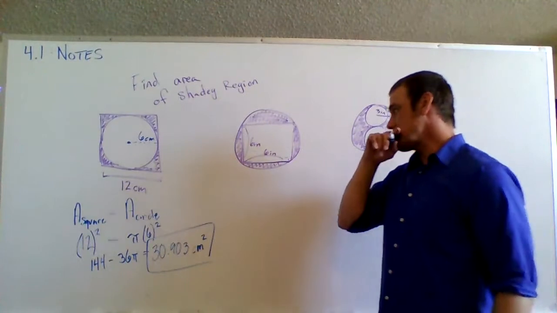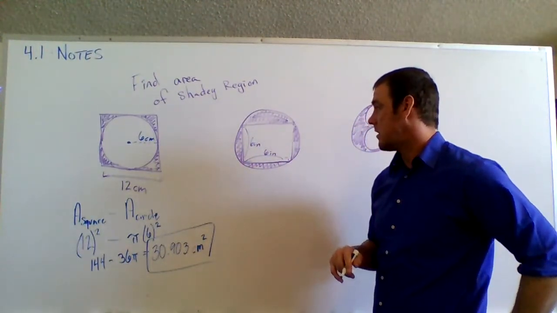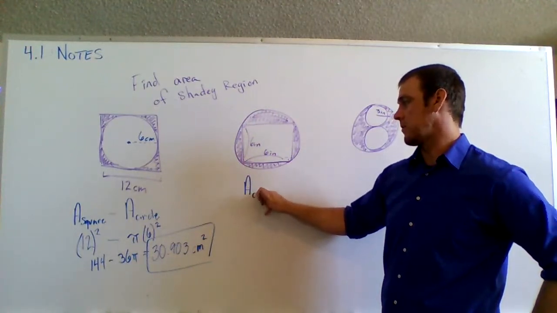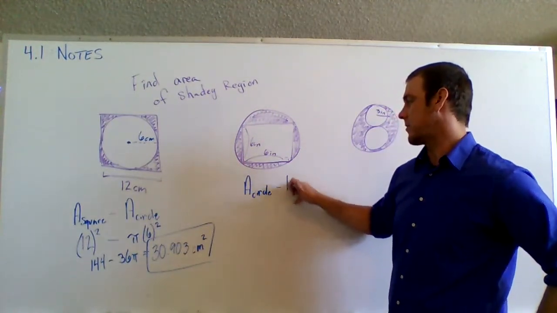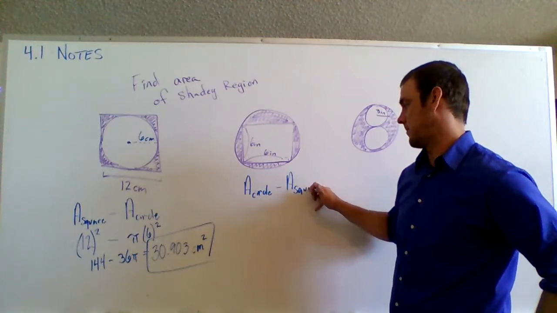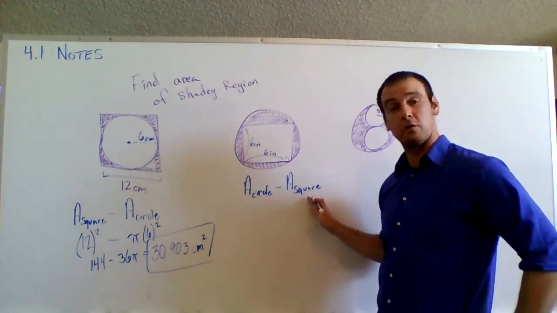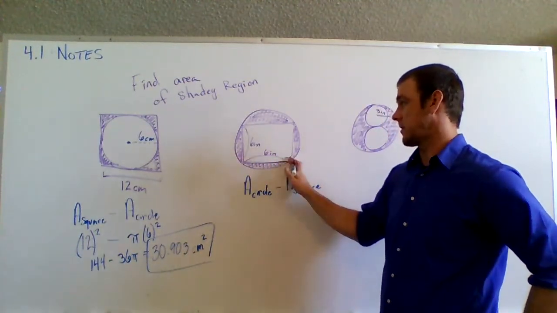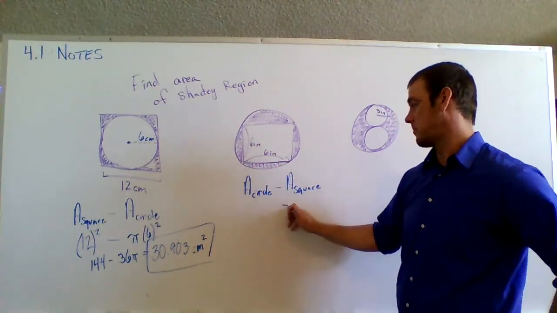So, over here, what we have is the circle on the outside. So what you want to do is find the area of your circle and then subtract the area of your square. Now the area of the square is going to be your easy one to find here. You know that the base of the square is 6, the height is going to be 6.